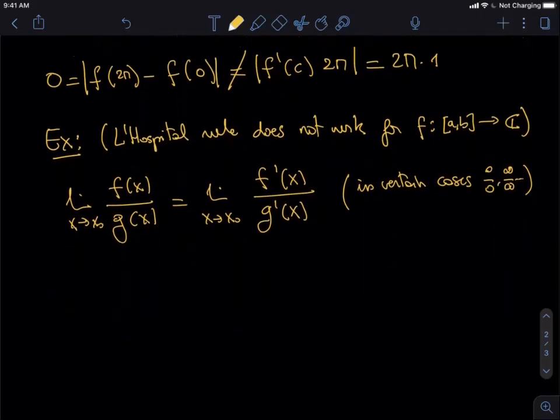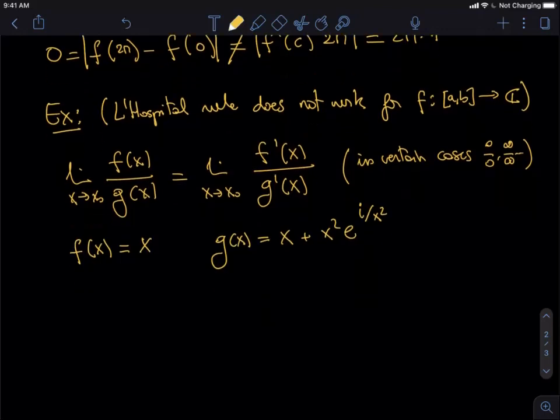So let's find f and g. One of the two we can just take easy, so we take the identity, f of x equals x. On the other one, we are going to take x plus x squared times the exponential of i over x squared.